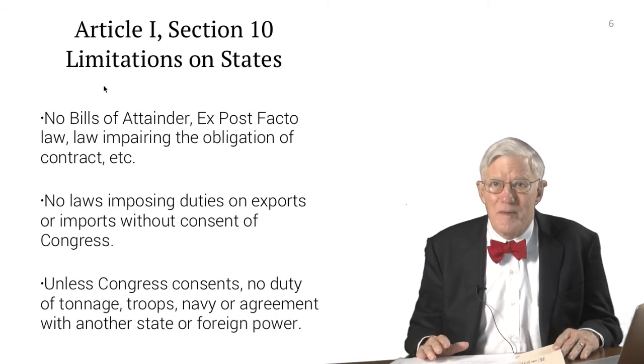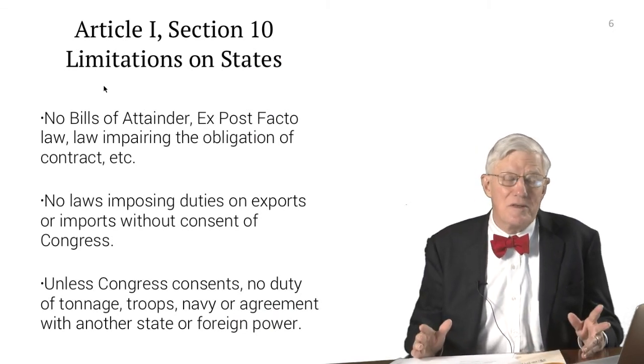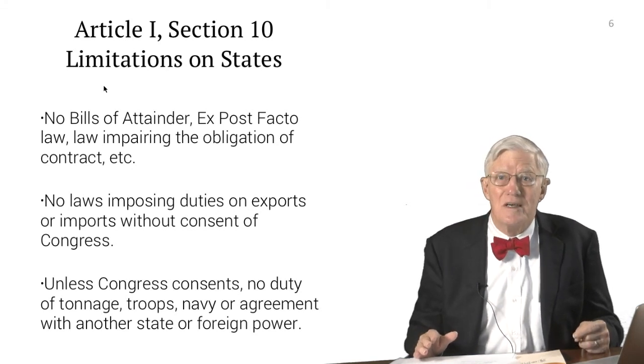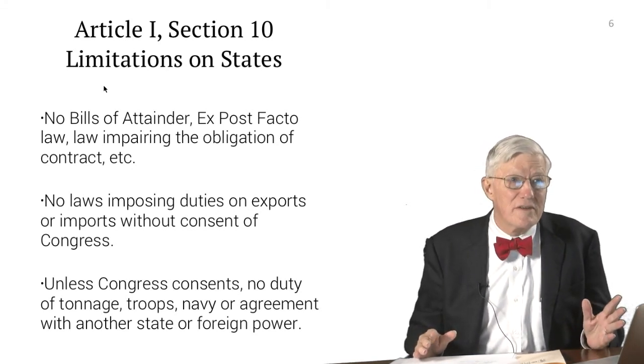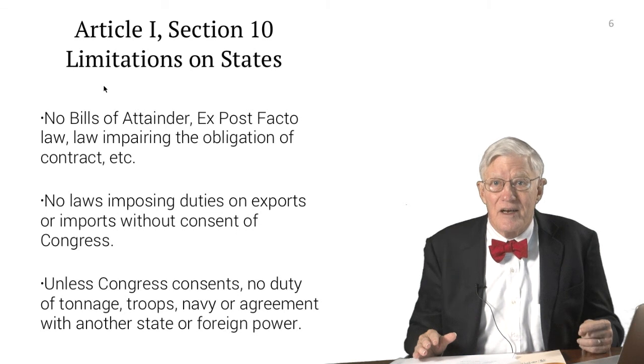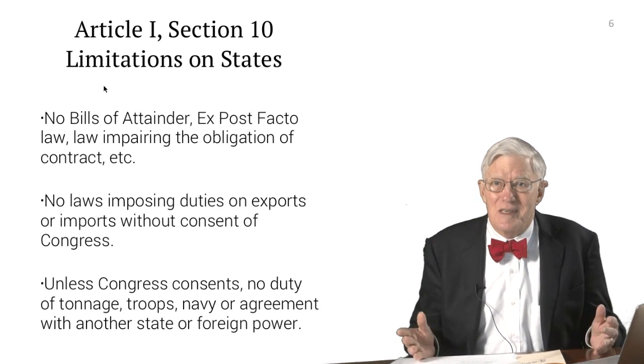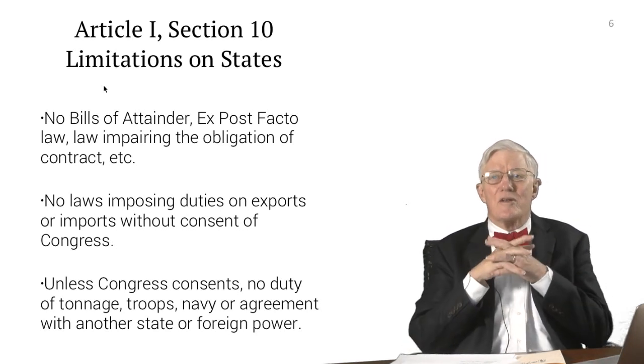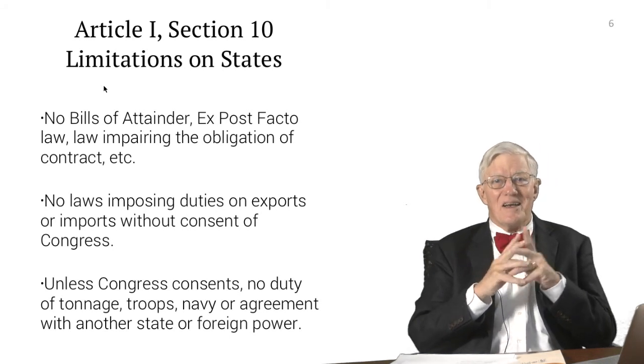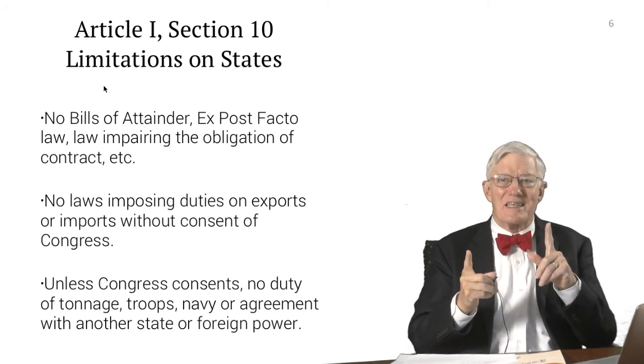The Constitution prohibits laws imposing duties on exports or imports unless Congress gives its consent. And unless Congress consents, no duty or tonnage, establishment of an Army, Navy, or an agreement with any other state or foreign power. Now note that agreement with other states.